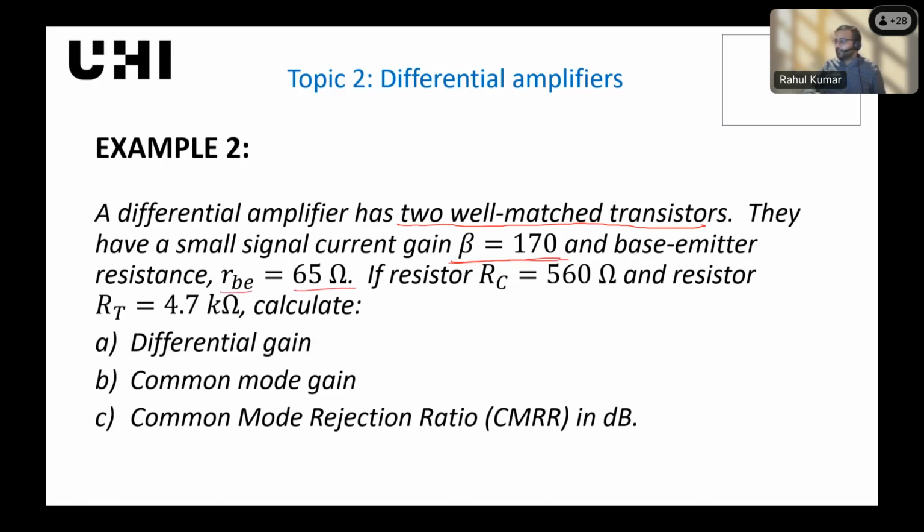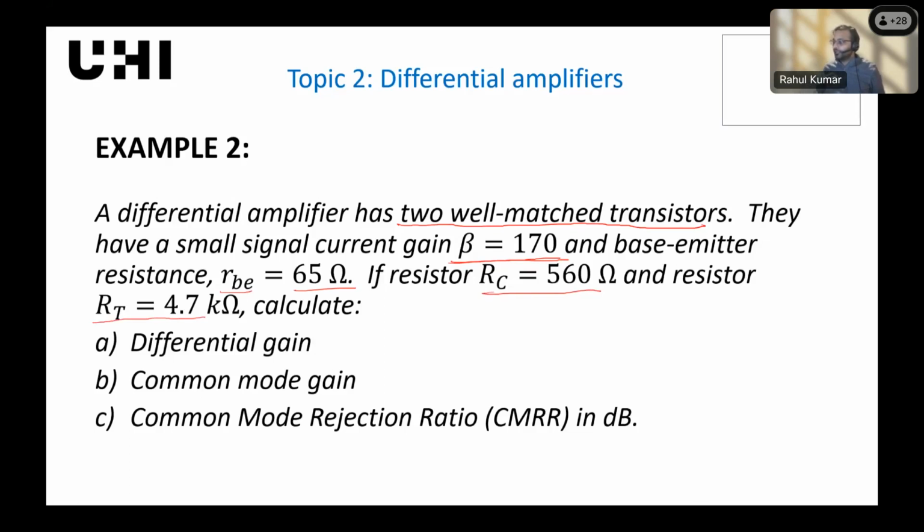It is given as 65 ohms, which is the same for both the transistors. Now, RC is 560 ohms, and RT is 4.7 kilo ohms.